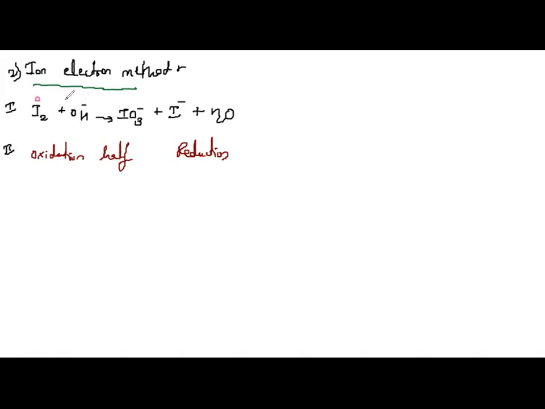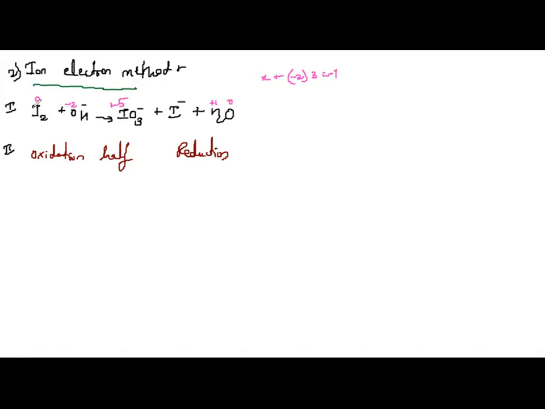I2 is 0. Oxygen is -2, H is +1. Here -2, so X plus (-2 times 3) equals -1. So -6, so X is 5. 6 minus 1 is 5, so it is +5 here. And here it is -1.